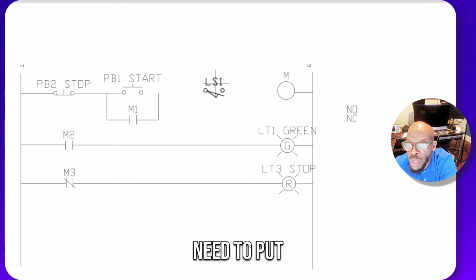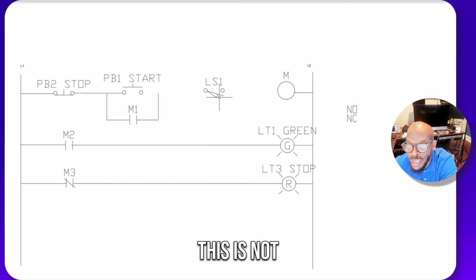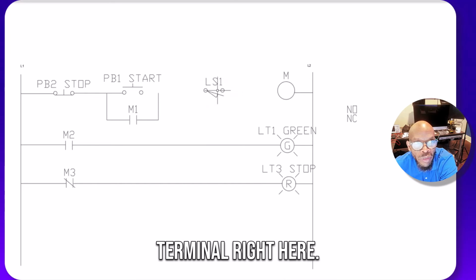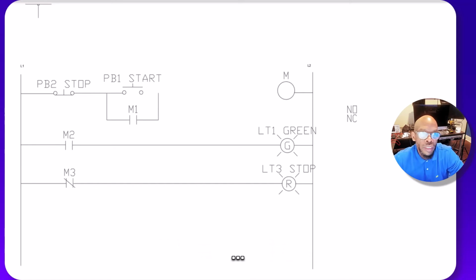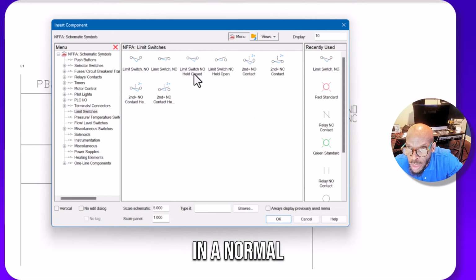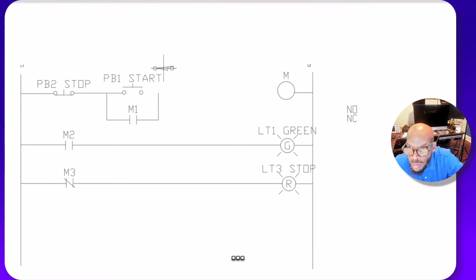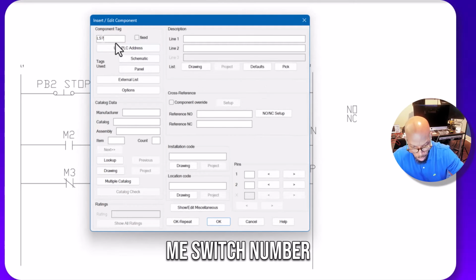We need to put a normally closed one in here, because unless the machine is already there, this is not going to work. It won't be able to go across this terminal right here. So let's put in one like so. We're going to put in a normally closed limit switch, limit switch number 1.